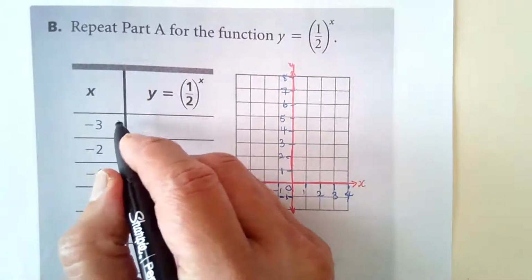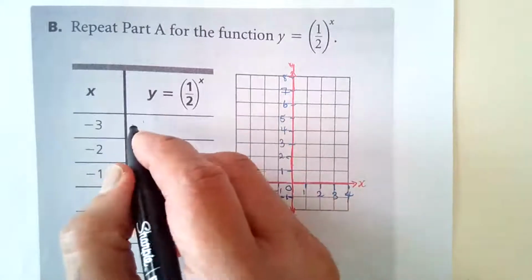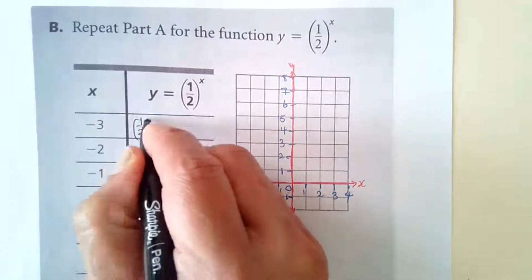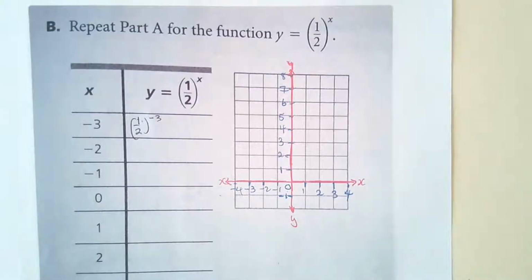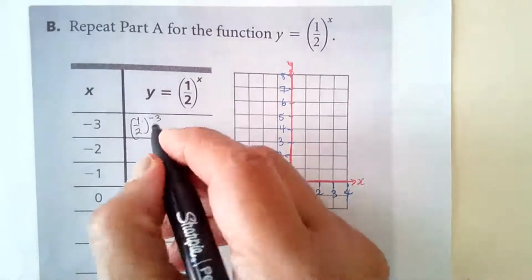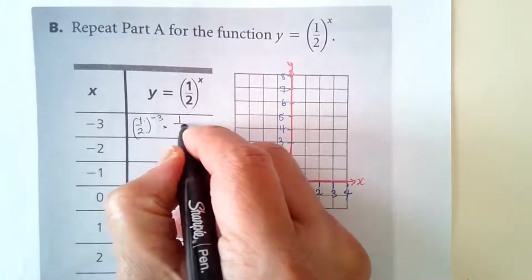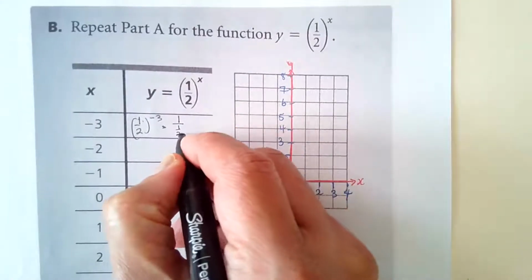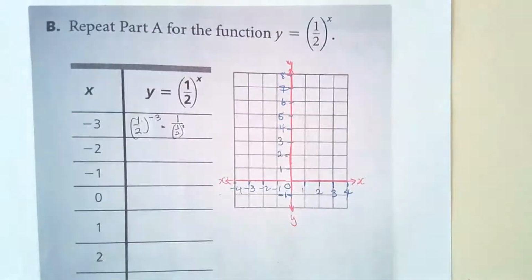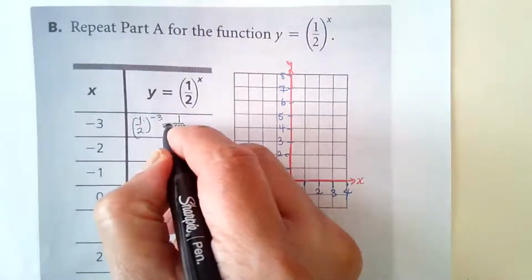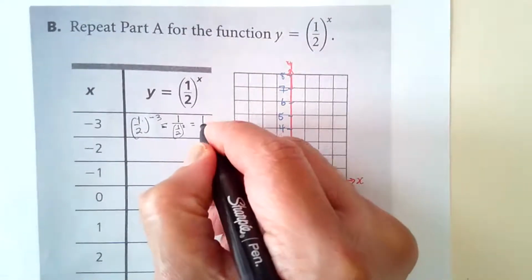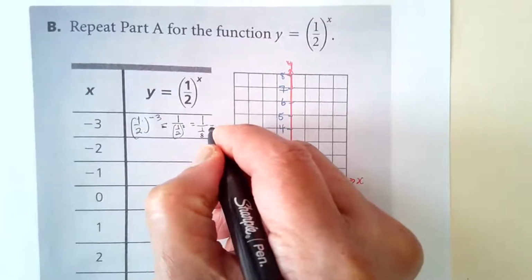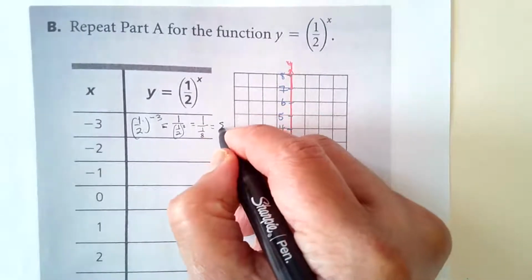So if x is -3, we have (1/2)^-3, and using our negative exponent rule, this becomes 1 over (1/2)^3. There are shortcuts to these, but I'll show you the long way, how it works out. This works out to be 1 over 1/8, and is equal to 8.